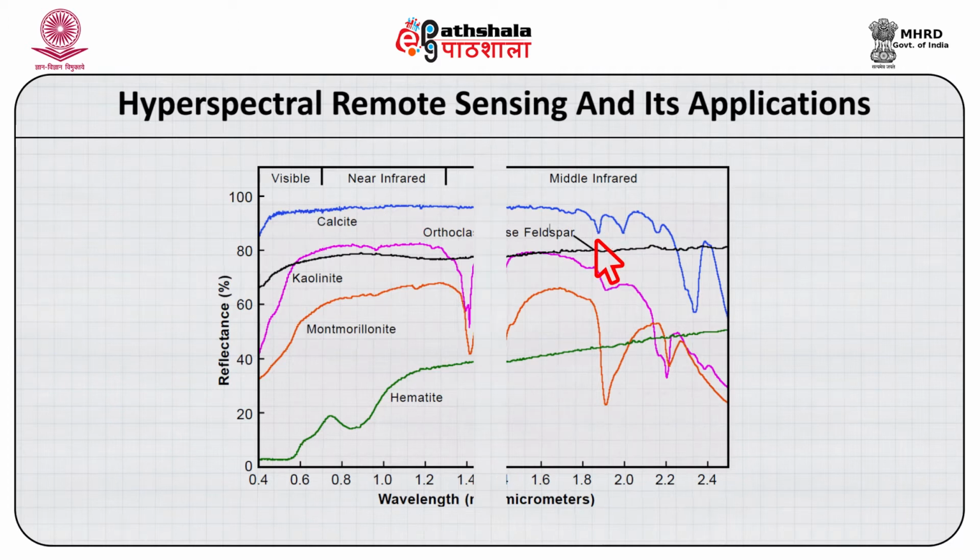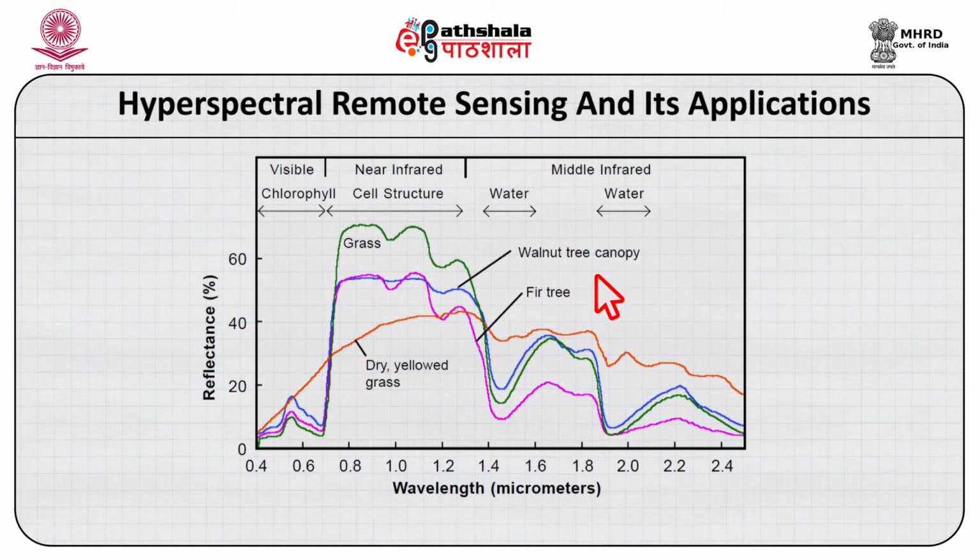Now if we see figure 7, another very fine example of hyperspectral data, it shows the reflectance spectra of different types of green vegetation compared to the spectral curve of a dry yellowed leaf.